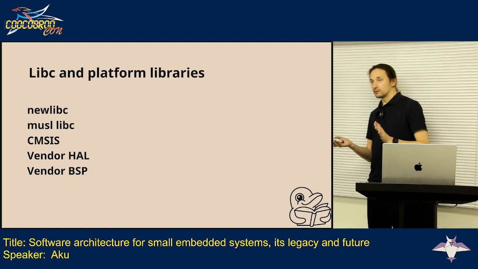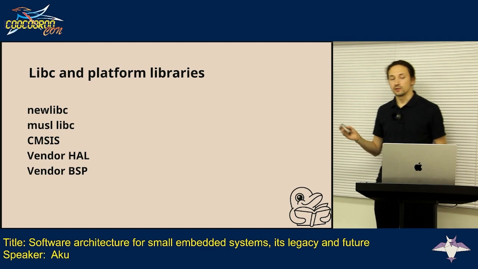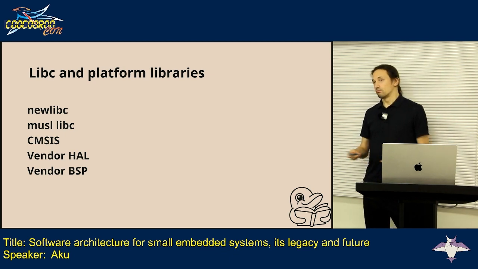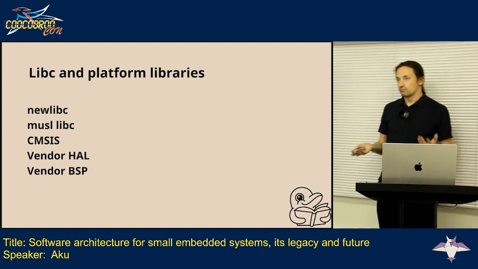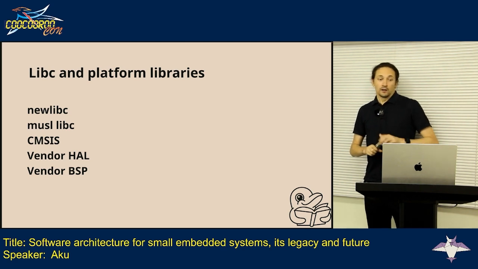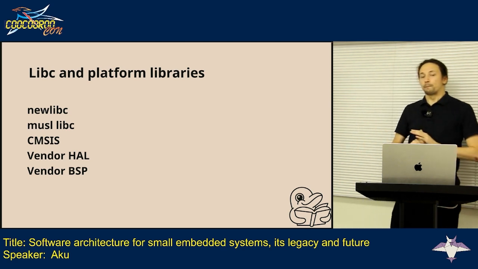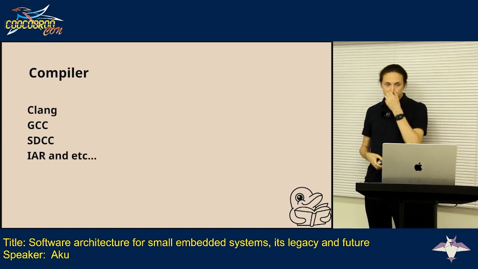Then if we're talking about embedded systems with Linux, we're actually not limited to GNU libc. We can use traditional GNU libc, we can use musl libc, and all other kinds of libcs that are currently available on Linux itself. Then we usually have a special layer which is called CMSIS. If we're talking about ARM cores, we have CMSIS.